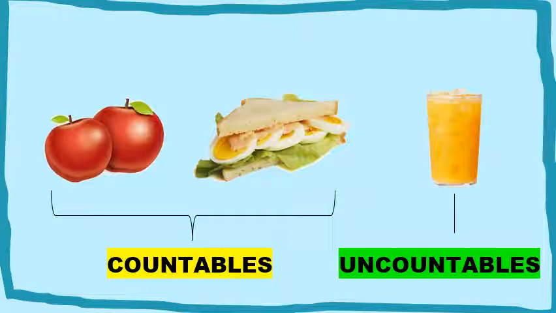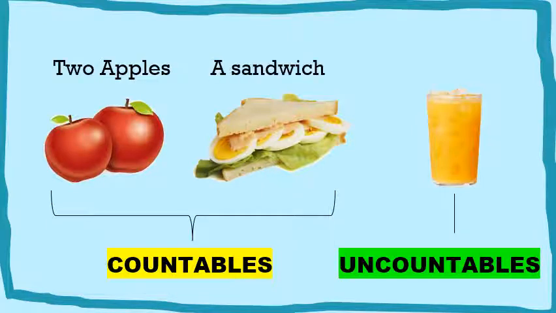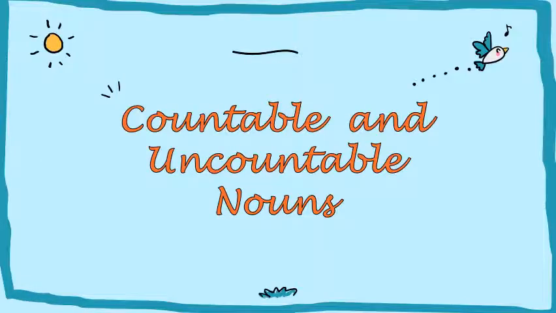If you are not clear, let me explain to you further about this topic. Okay, countable and uncountable nouns. What are they? Is it something weird or is it something that we are familiar with?